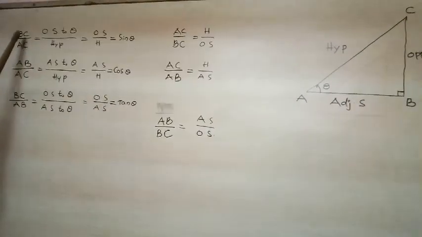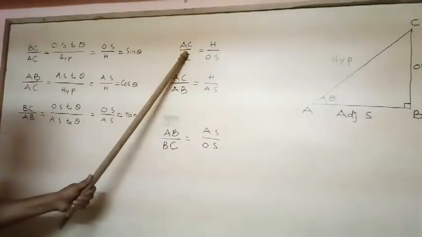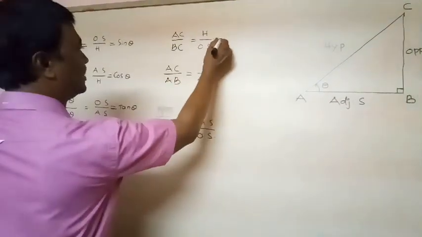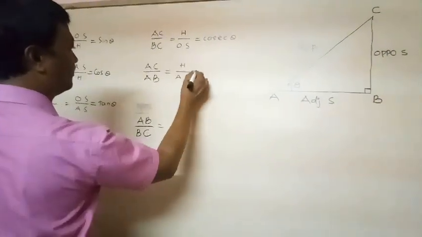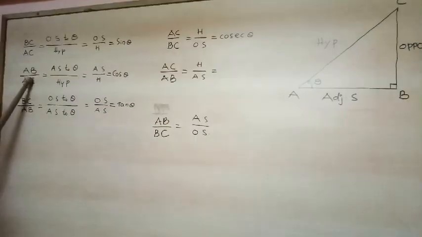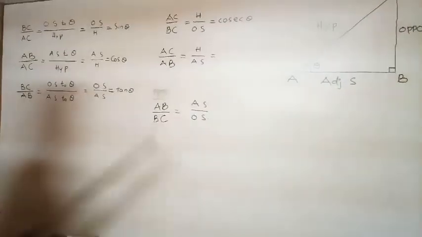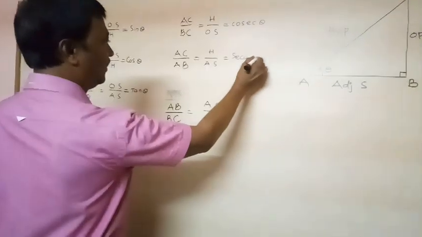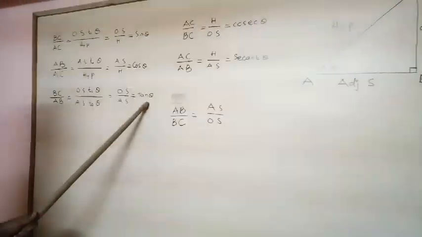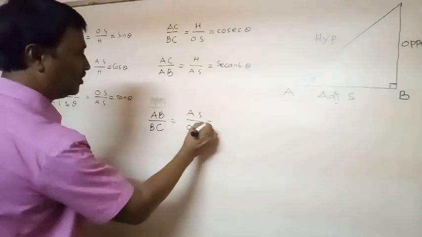The multiplicative inverse of sin is known as cosec theta. The multiplicative inverse of cosine is known as secant theta. The multiplicative inverse of tangent is known as cotangent theta.